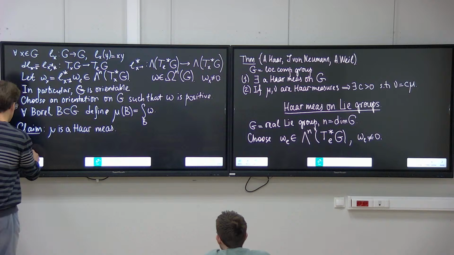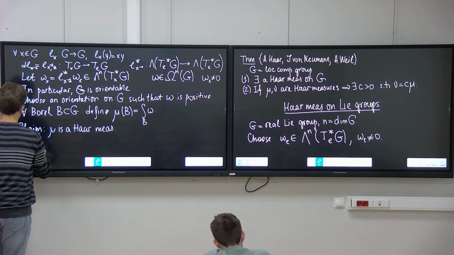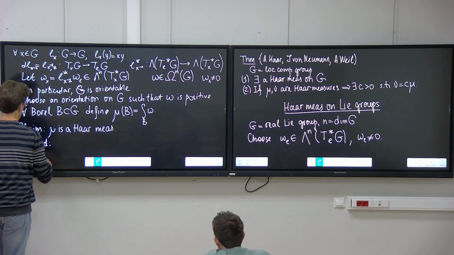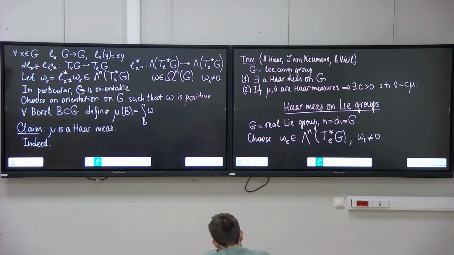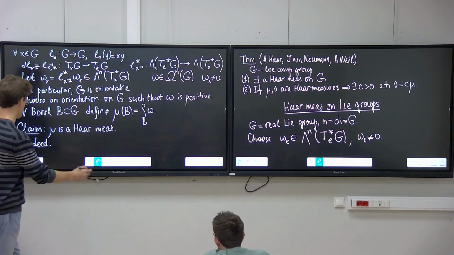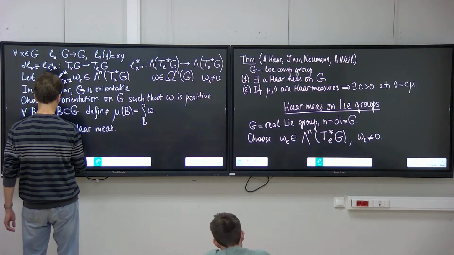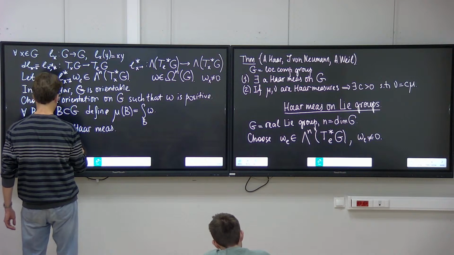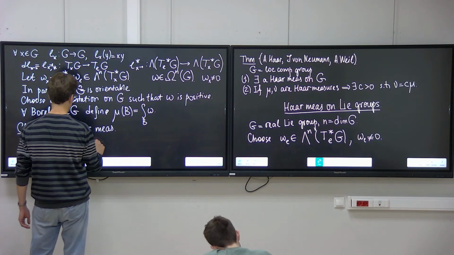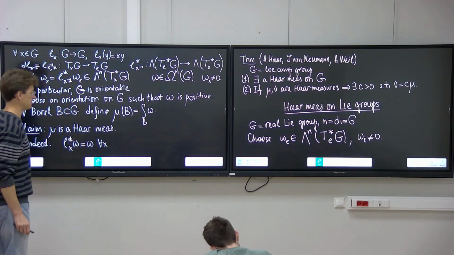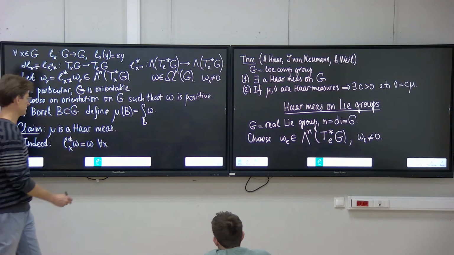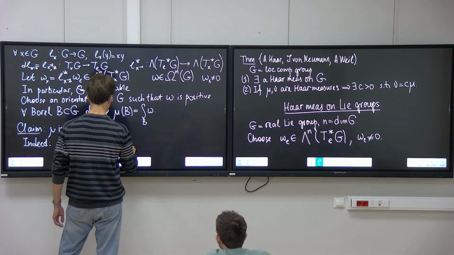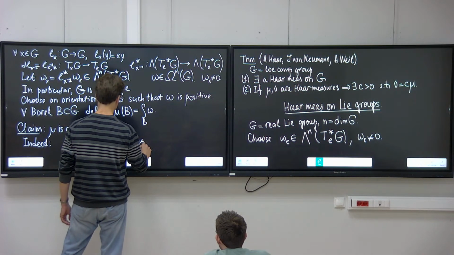Well, indeed, why is it so? First of all, by construction of omega, we see that omega is left invariant. Lx star omega equals omega for every x, just by construction.